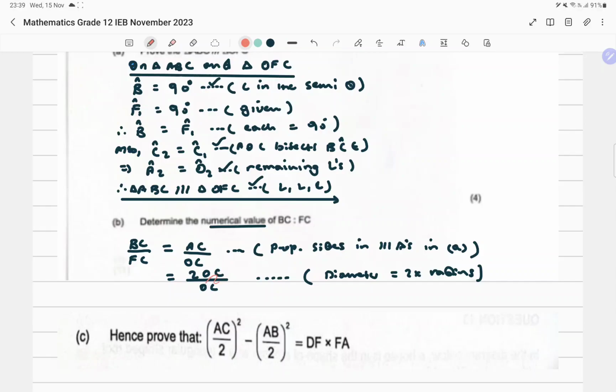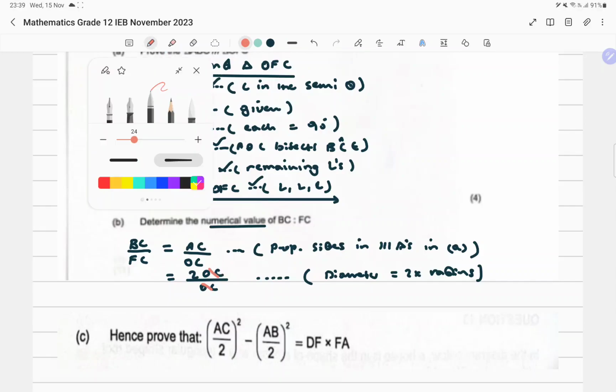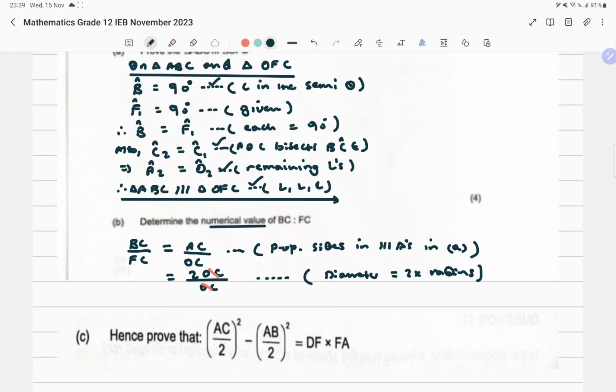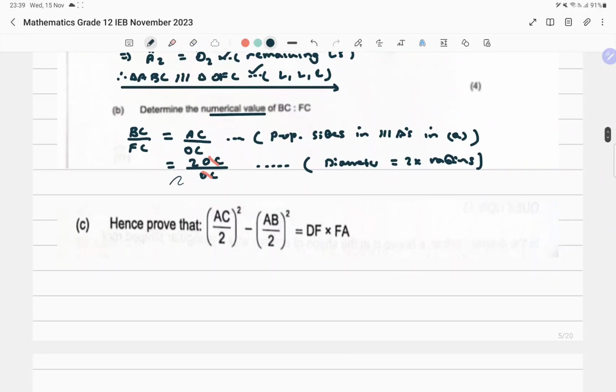We don't. So this takes care of that. This is going to be equal to 2 over 1. Therefore, make the conclusion, guys. I'm running out of space. Therefore, we know that BC is to FC is going to be equal to 2 is to 1.